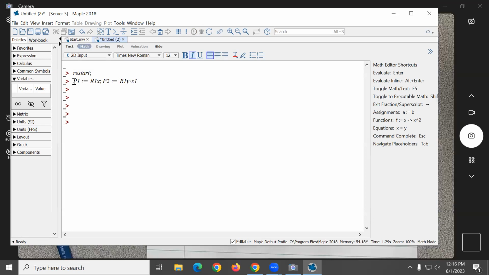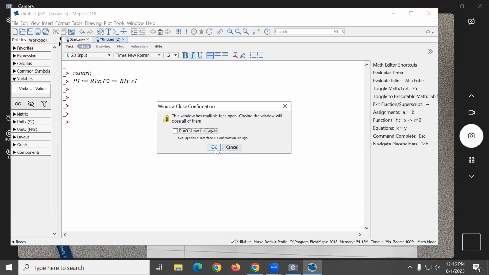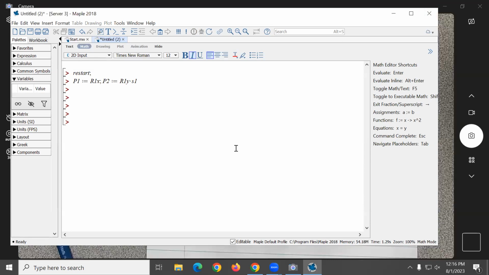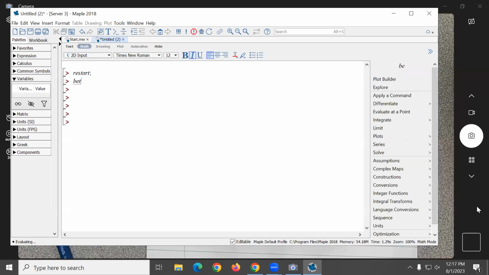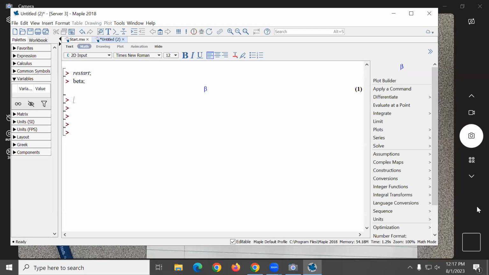We can use MATLAB, no problem, but it's not going to look that pretty once you get it out. I'm going to tell you the only reason that I like Maple: if you write the letter beta, it writes the letter beta. You put gamma, it puts the letter gamma.